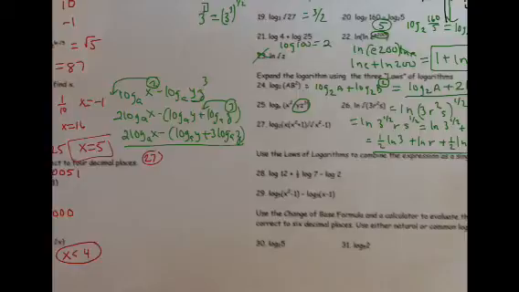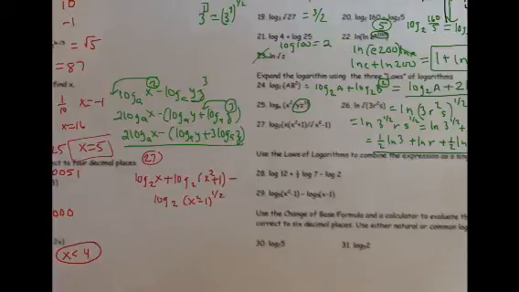So let's write it like this. So it's going to be log base 2 of x plus log base 2 of x squared plus 1 minus log base 2 of x squared minus 1 to the 1/2.